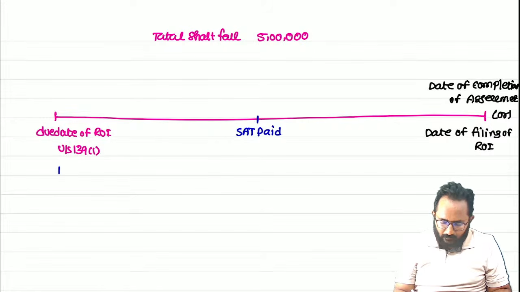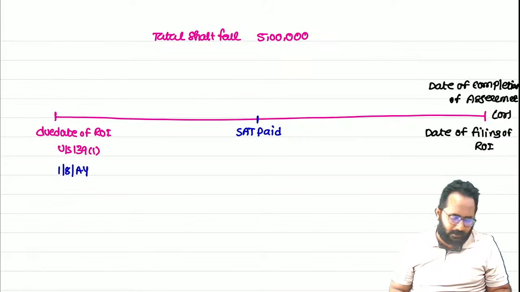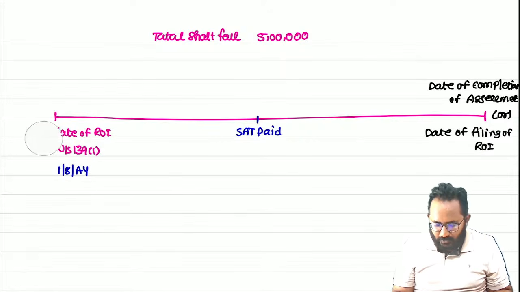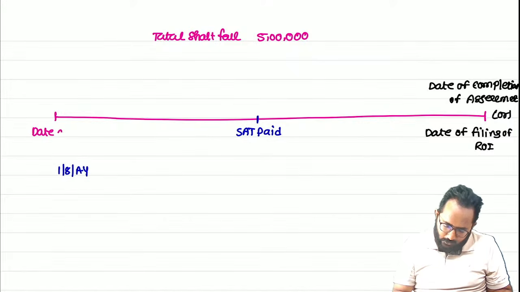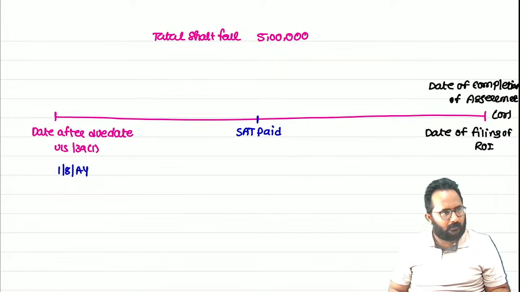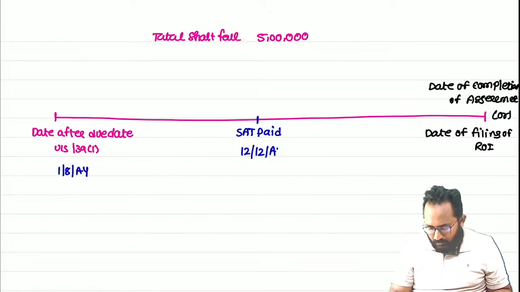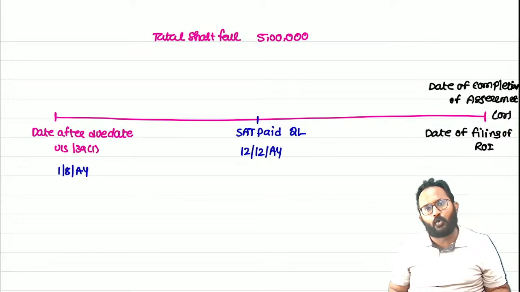The date after the due date is when the interest computation starts, which is August. But in the assessment year, on this day he paid the self-assessment tax, 2 lakh.